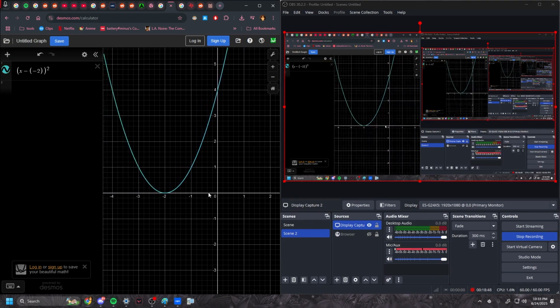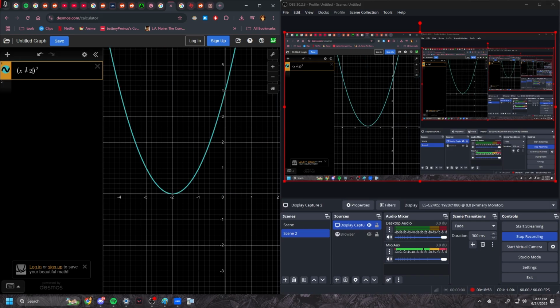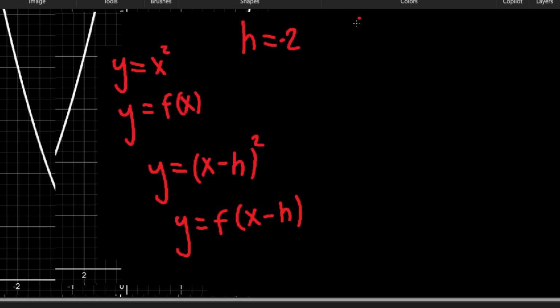If you subtract -2, it goes left by 2, which makes sense. But what you'd actually see is a minus, and a minus makes a positive. You'd see it as x plus 2. So even though the sign here is a plus, it's actually saying that h is negative. If h is negative, the graph moves left. If h is positive, say h equals 2, then the graph will be x minus 2 squared, and it's going to go right.